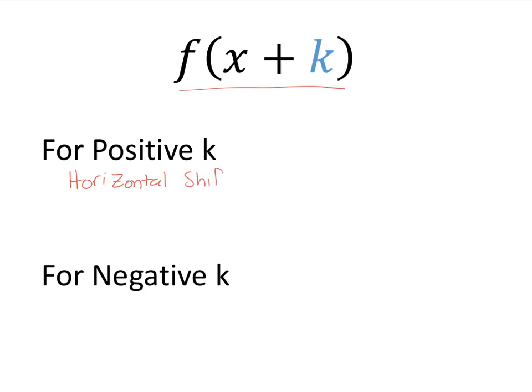When k is a positive number, it actually moves left. I'm going to make this capital, underline it, and highlight the importance that we are moving it to the left.